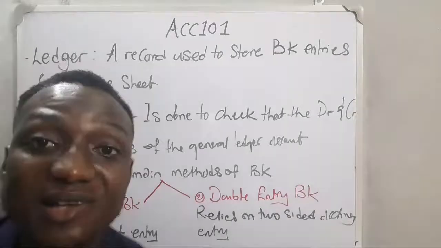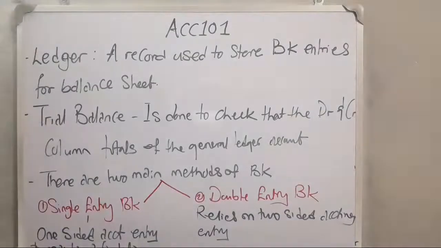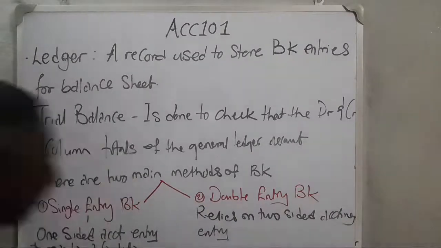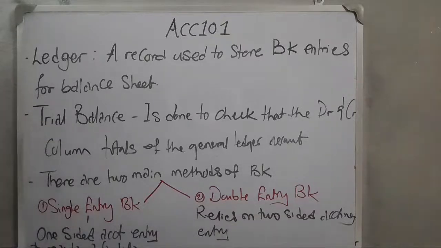Basically, as you can see, we've been talking about bookkeeping, and we've spoken at length. We've been able to discuss what the source document is. We talked about the ledger and the trial balance, and we established that there are basically two methods of bookkeeping: single entry and double entry.